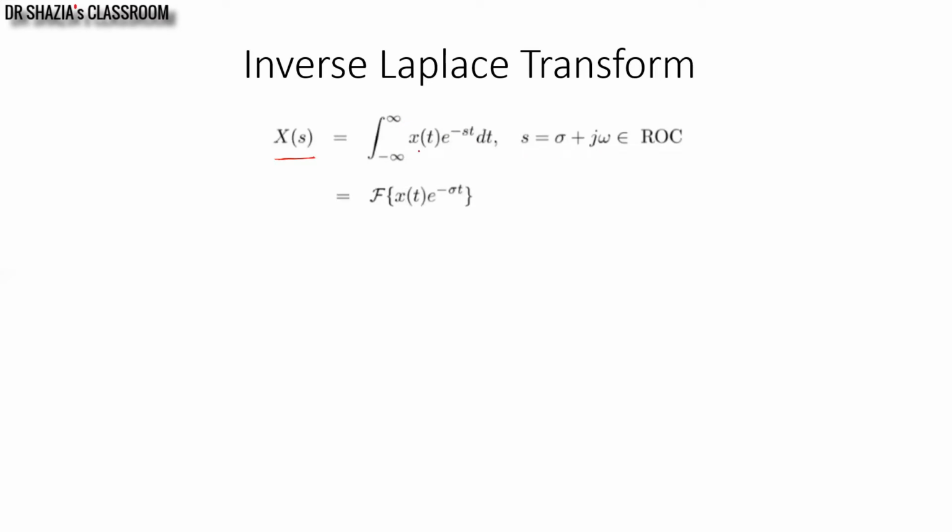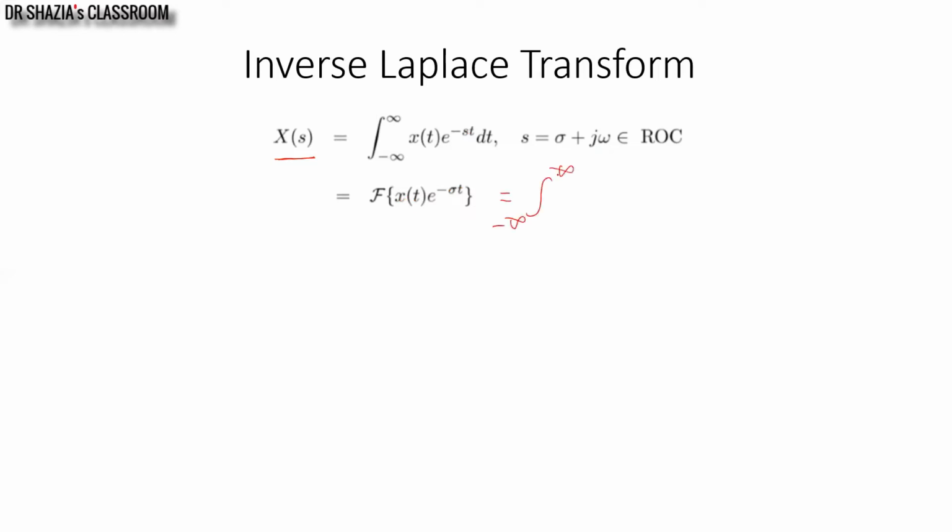If I replace s with sigma plus j omega, I get x of t e to the power minus sigma t e to the power minus j omega t dt.